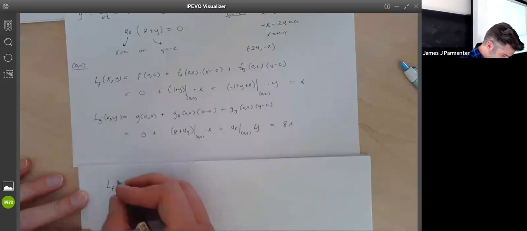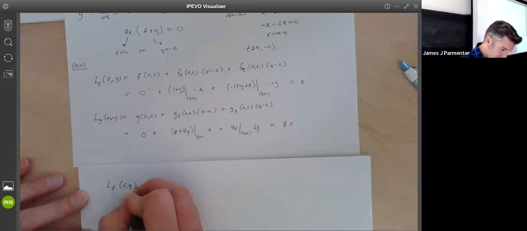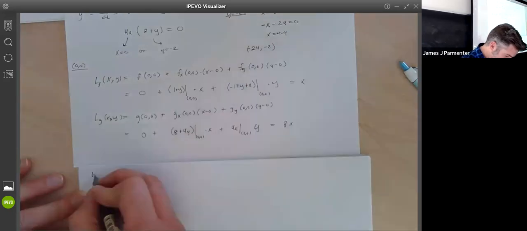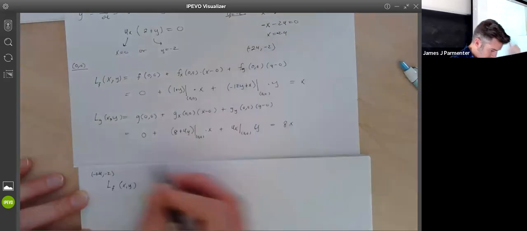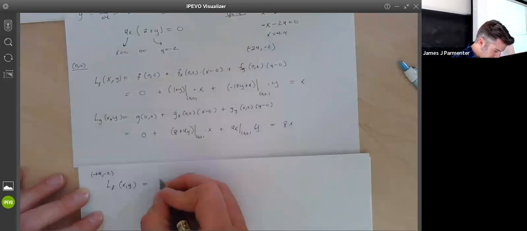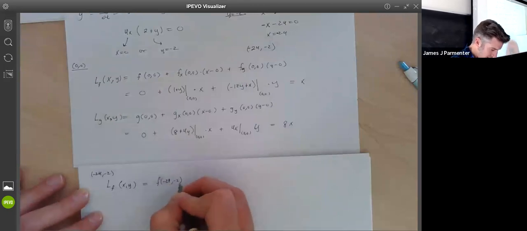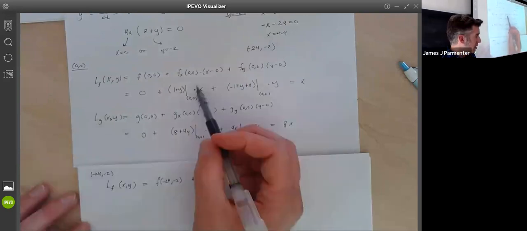So now if I want to find the linearization of f, but now at the point negative 24, negative 2, well, it's still going to be f of negative 24, comma negative 2, plus I already know what my partial derivative is.